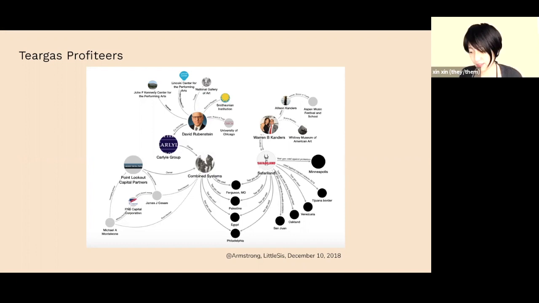And when we take a more careful look at who the investors of tear gas in the United States are, we very soon will find museums, performing art centers, music festivals, and different venues that on the surface present themselves as being sympathetic towards the protesters, but are actually benefiting from the police state and from the oppression of protesters.